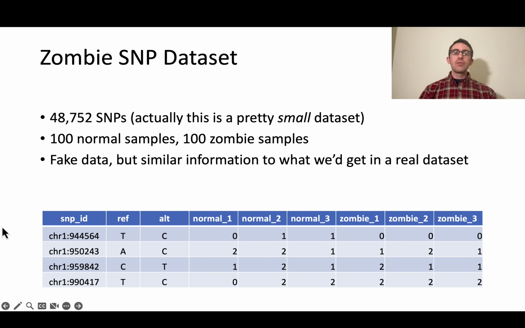So we're going to scan all of these SNPs and look for ones where the genotypes, these 0s, 1s, and 2s, are associated with the phenotype of whether the person was normal or a zombie.